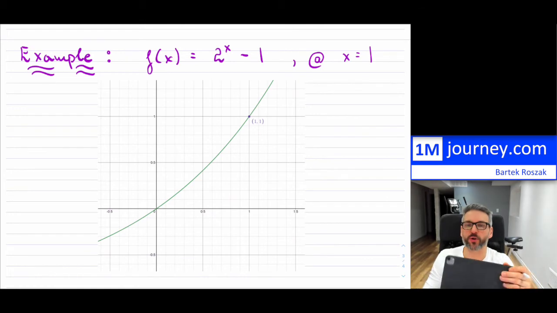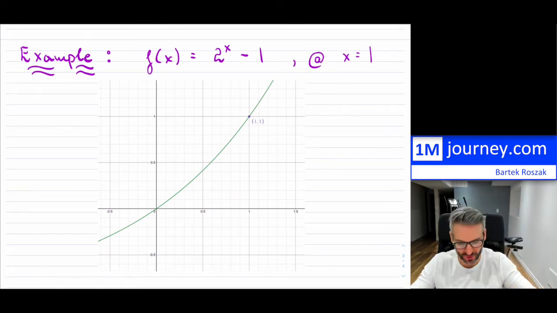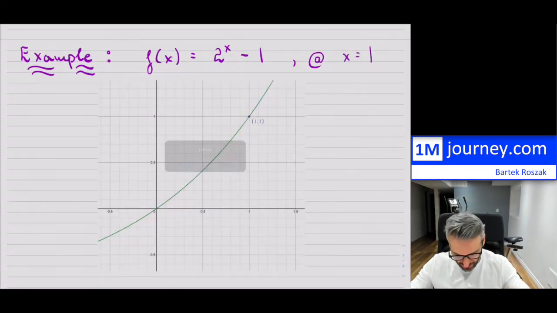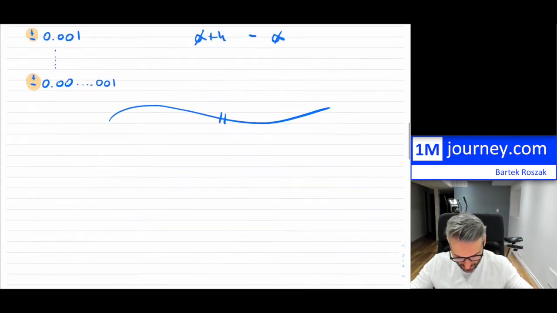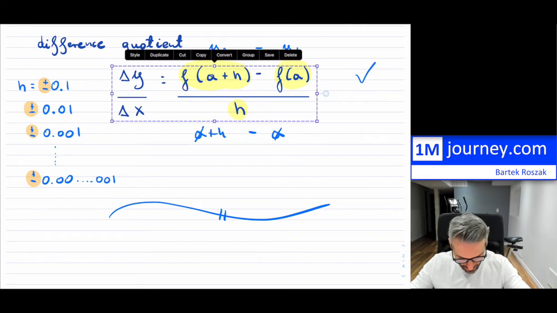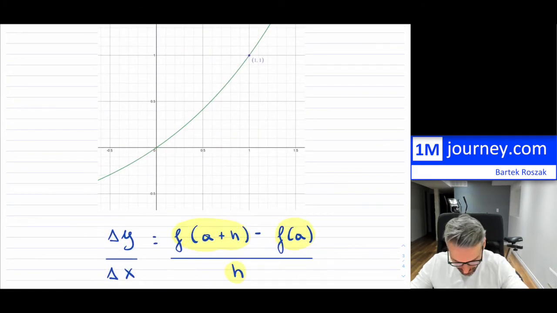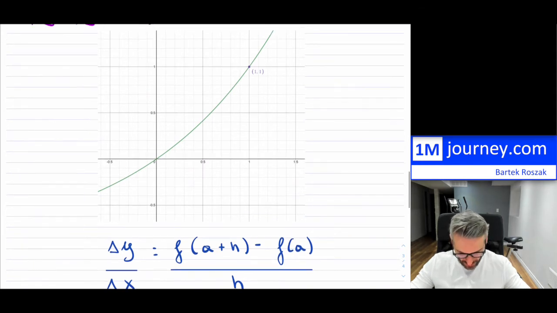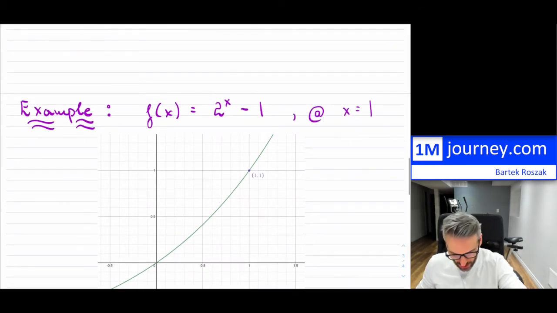And now what's our goal, right? What do we want to be able to do? If I'm going to be using this, which is going to be our difference quotient, so this right here, we're going to try to calculate. So for us, this is our function.